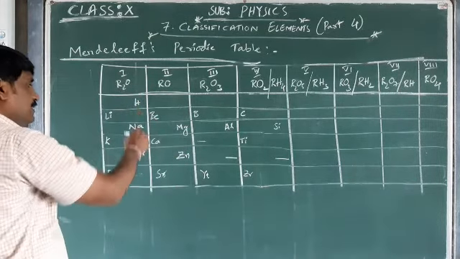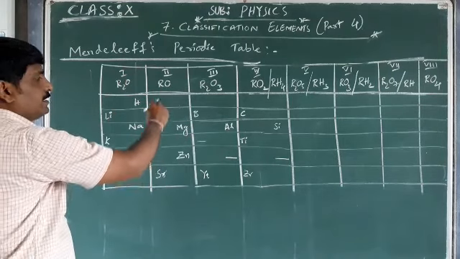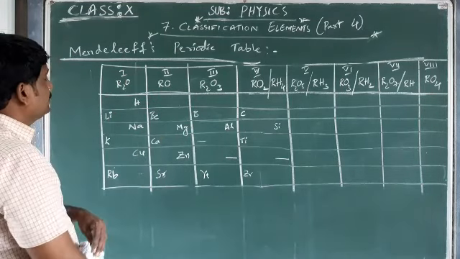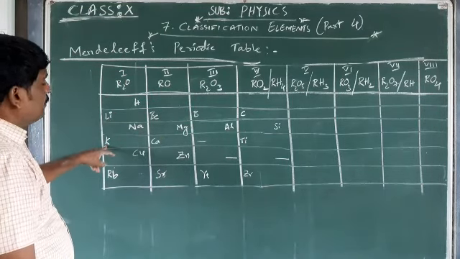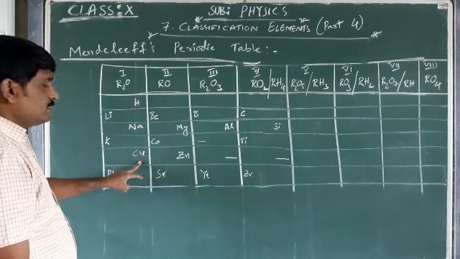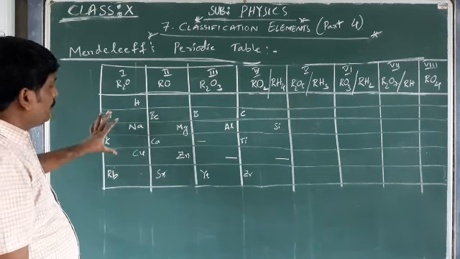The elements present in a group possess similar properties. That is, hydrogen, lithium, sodium, potassium, copper, these all have similar properties.